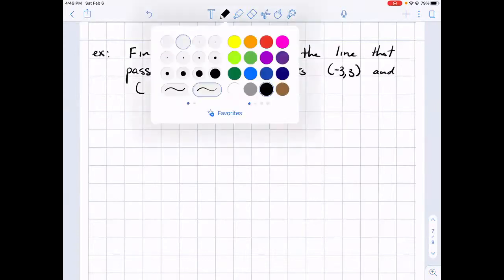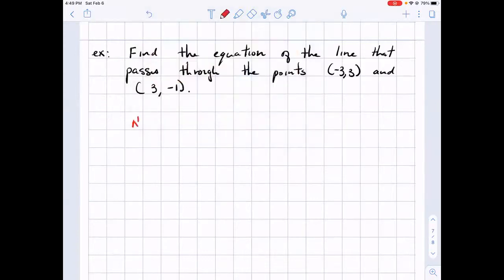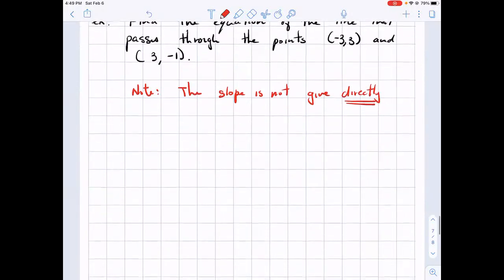So note the slope is not given directly. The reason I said directly is because we can find the slope using the slope formula.